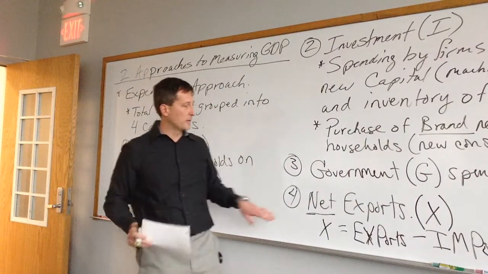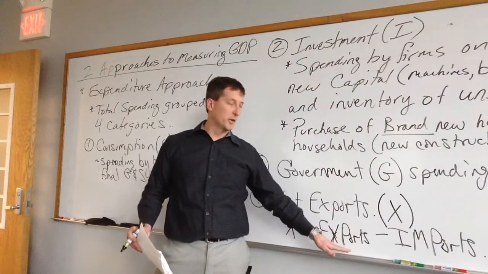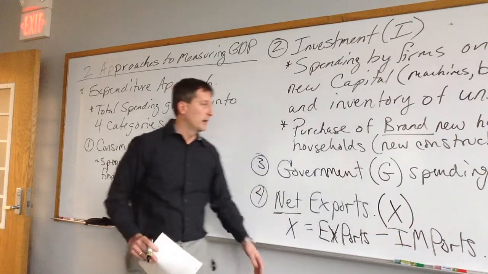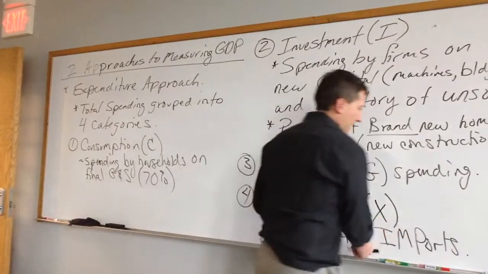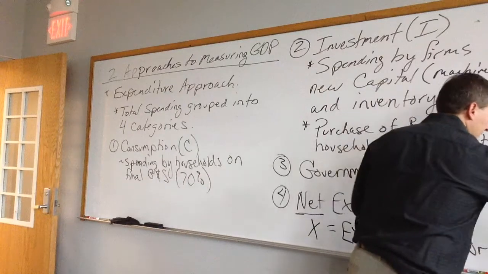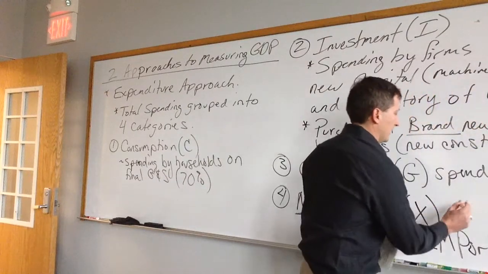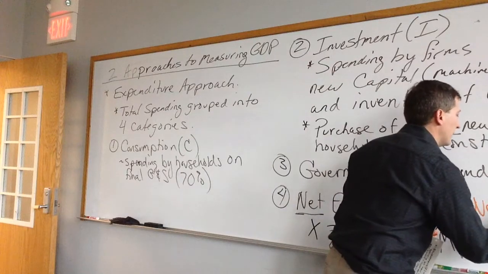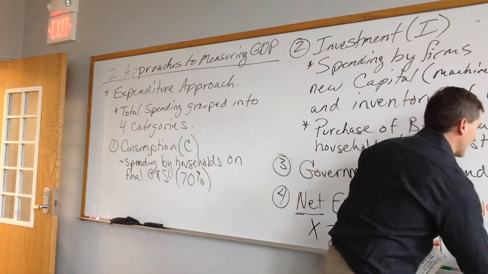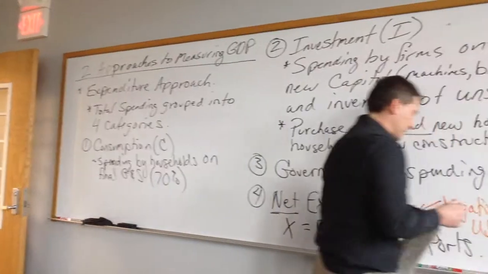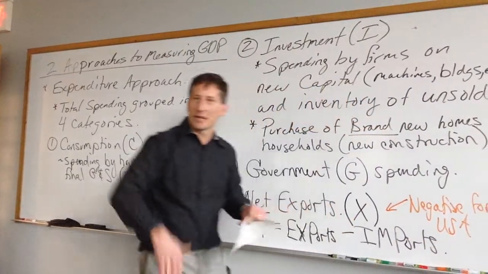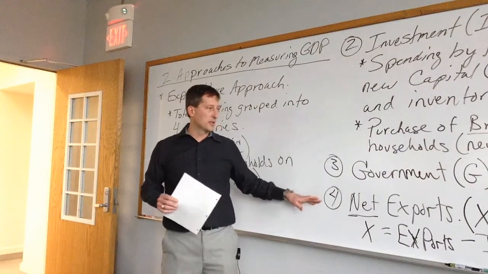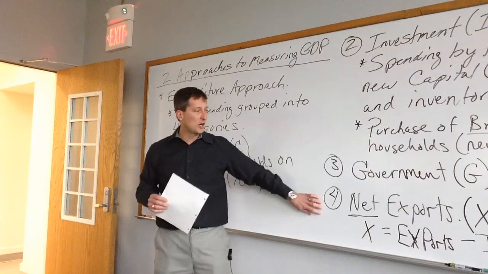The dollar value of what we sold to the rest of the world minus what we bought from the rest of the world. And the only thing you might want to add in is that this can be negative, and it is for the United States. This is a negative number for the USA this year and for about the last 40 years. I can't remember when the last time we actually had a trade surplus, but it's been a long, long, long, long, long time.